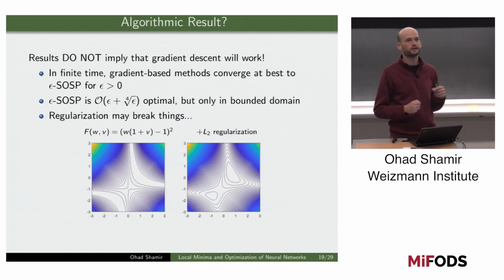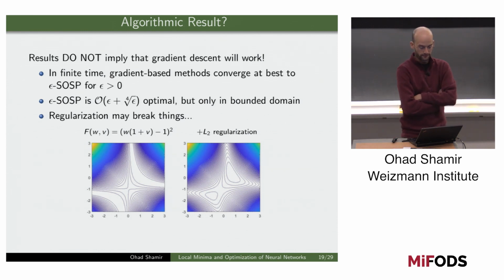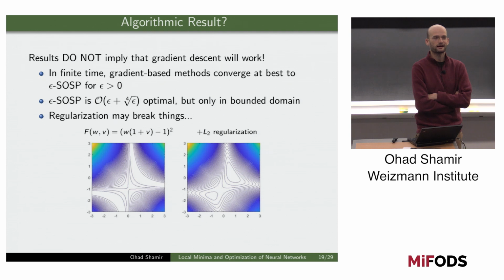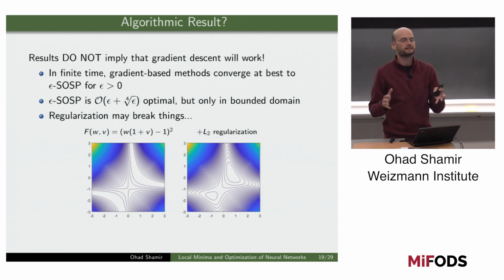In this O notation, I'm hiding stuff depending on the radius of the domain. And if you run gradient descent, no one guarantees in general that the algorithm would remain in some bounded domain. Maybe the parameters diverge to infinity. And it's really not just an artifact of the analysis.